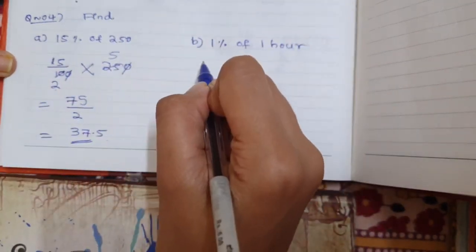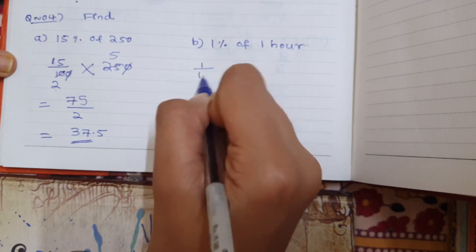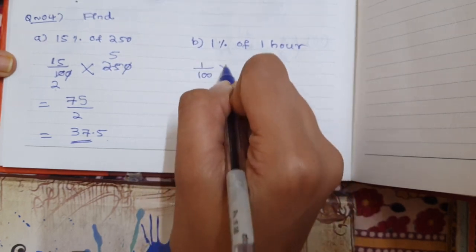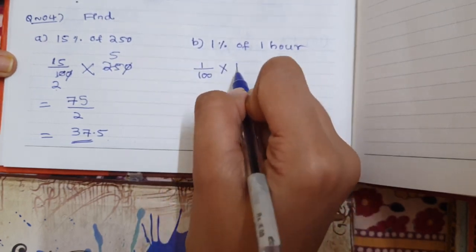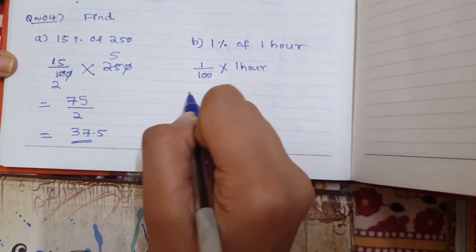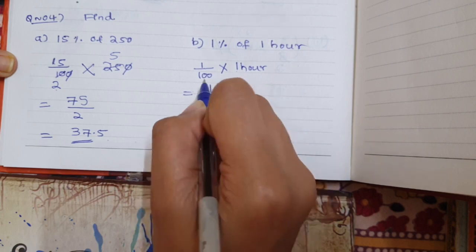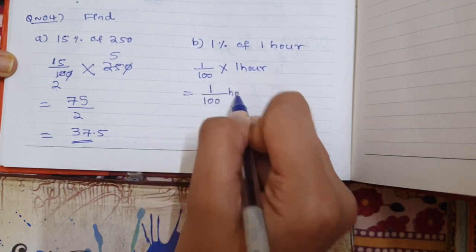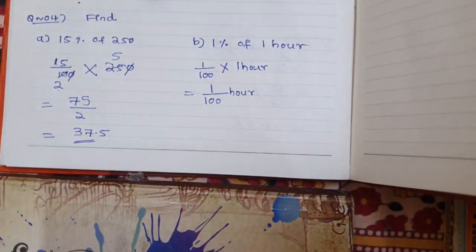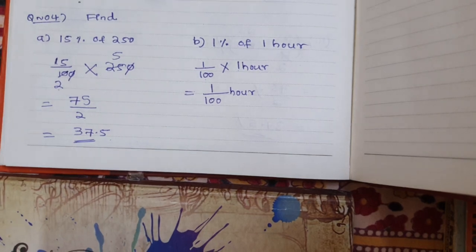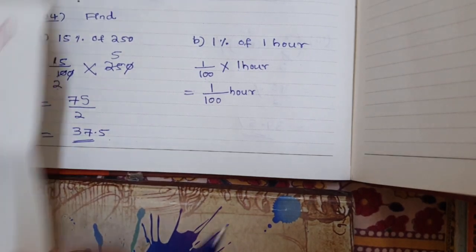Okay, 1% can be written as 1 divided by 100. Of is nothing but a multiplication. 1 hour. Now we have to simplify this. 1 into 1 hour is nothing but 1 itself divided by 100 hour. Now we have to simplify this.